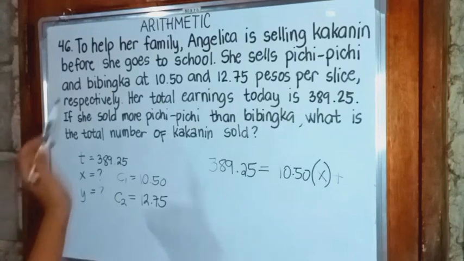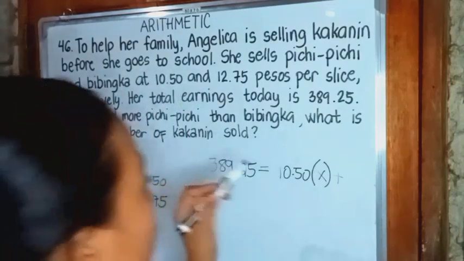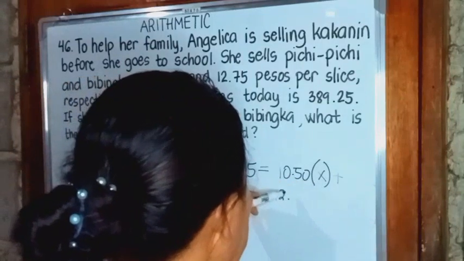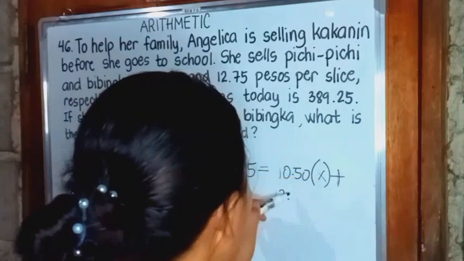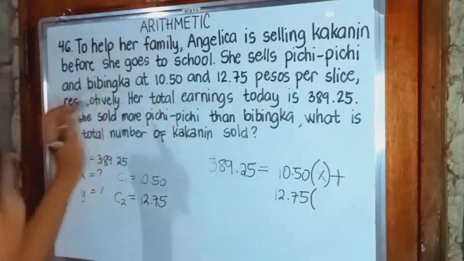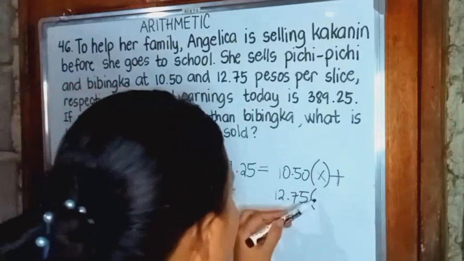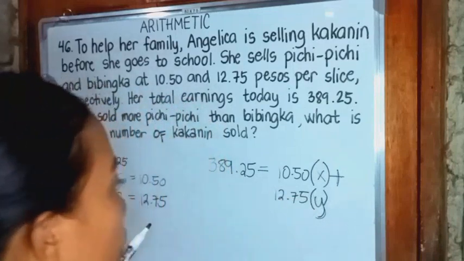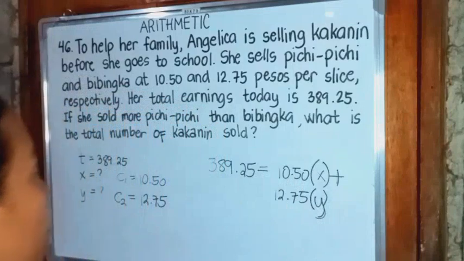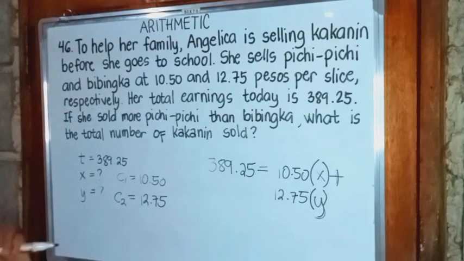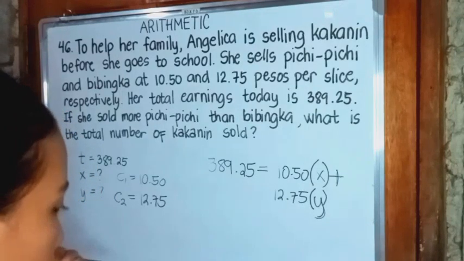So, bibingka cost 12.75 pesos, so that is plus 12.75 times the number of bibingka sold, which is Y. We don't know yet what is the number of pichi-pichi sold and the number of bibingka sold. We can use the given choices in order to answer this equation.